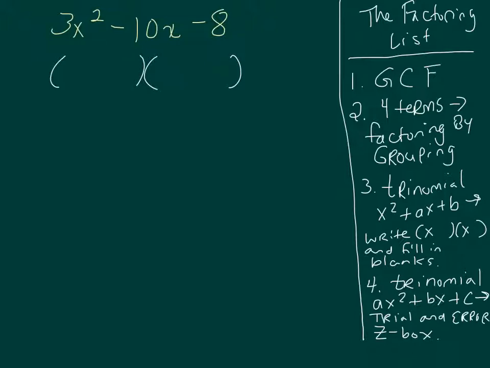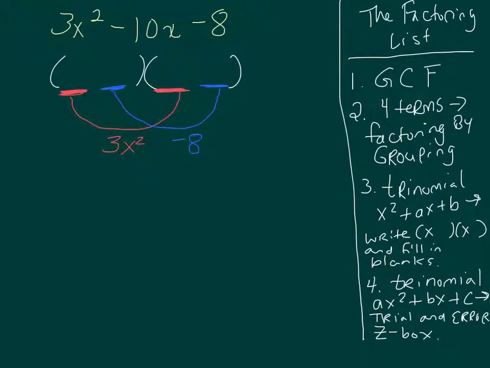Okay? So in this case, we have to find 2 terms that I can put here and here, that when I multiply them together, I get 3x squared. We also need to find 2 terms to put here and here, that when I multiply those 2 together, I get negative 8, right? You'll agree with me there, right?